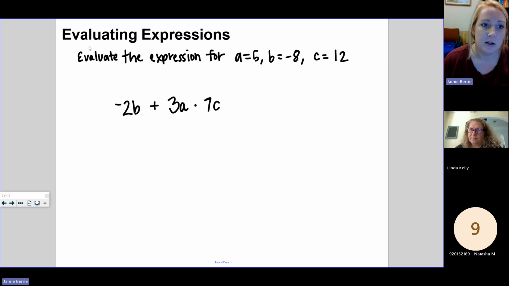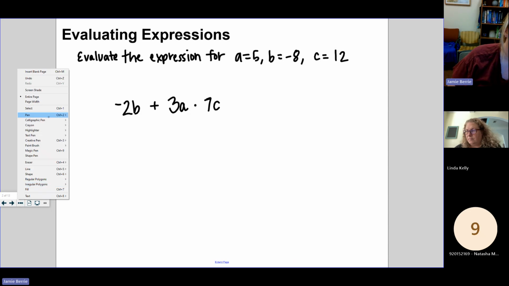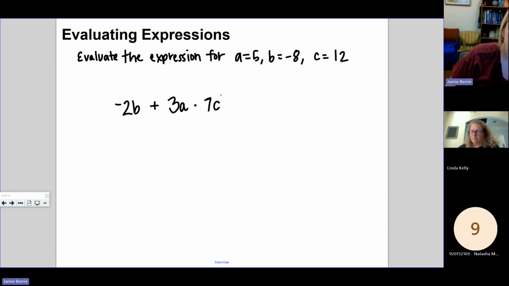All right, so evaluate the expression for a equals 5, b equals -8, and c equals 12. If you want to take a second and write this down and work it along with me, you can. I'll try to go slowly. So we have -2b plus 3a times 7c.